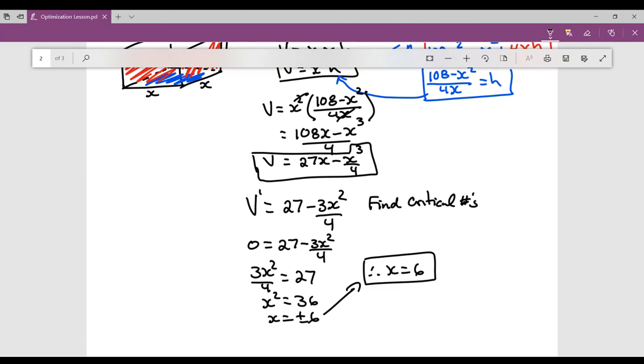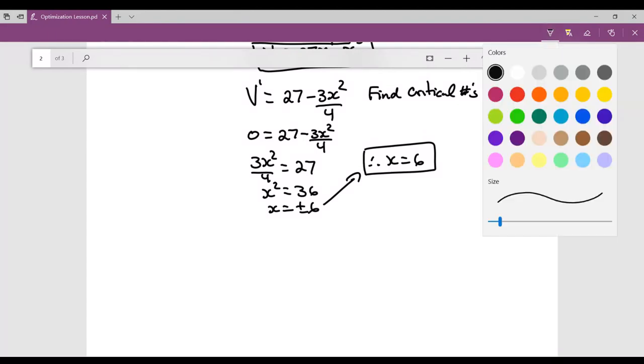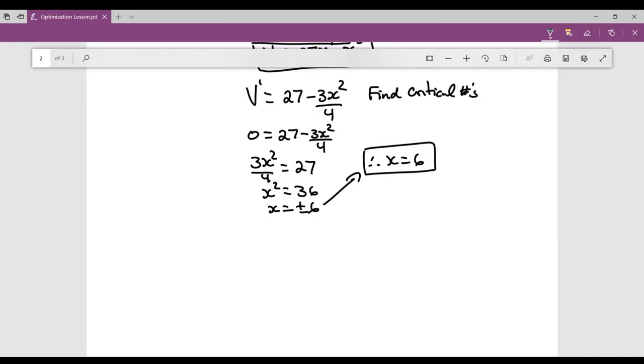Alright. Show it is a max. Because we just have the one variable, we need to prove that it is a max. So x is equal to 6. Well, we can do the first derivative or second. We'll do both.